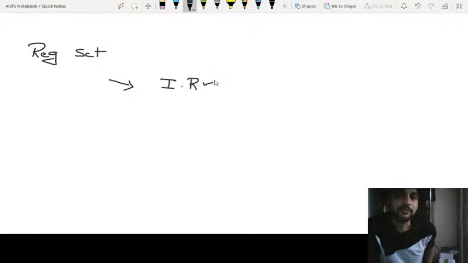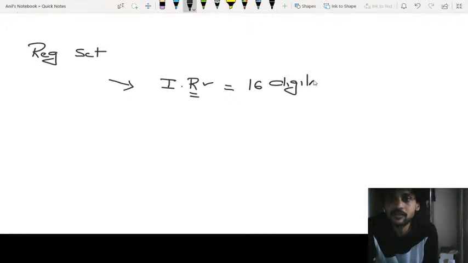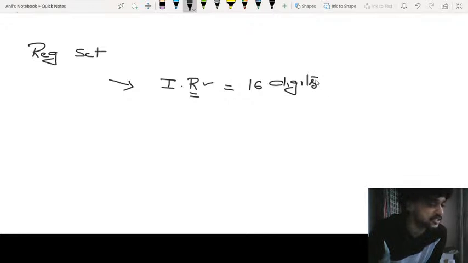In the sample architecture that we are discussing, the instruction register size is equal to 16 bits.